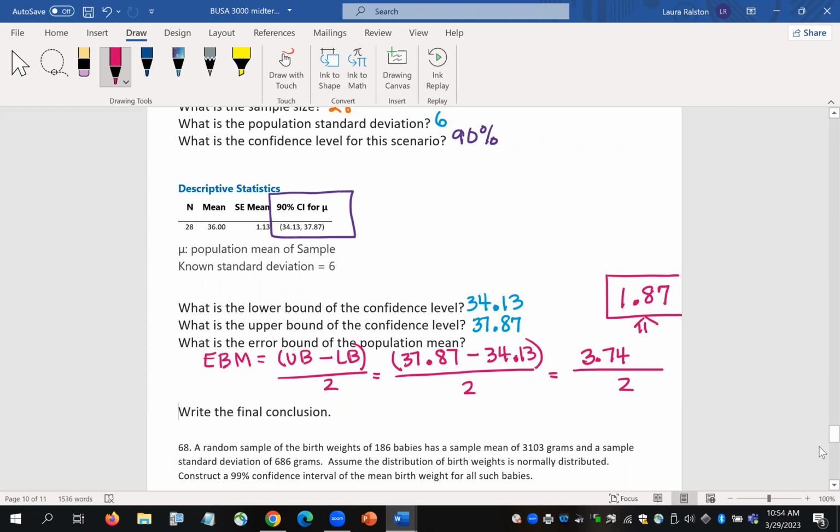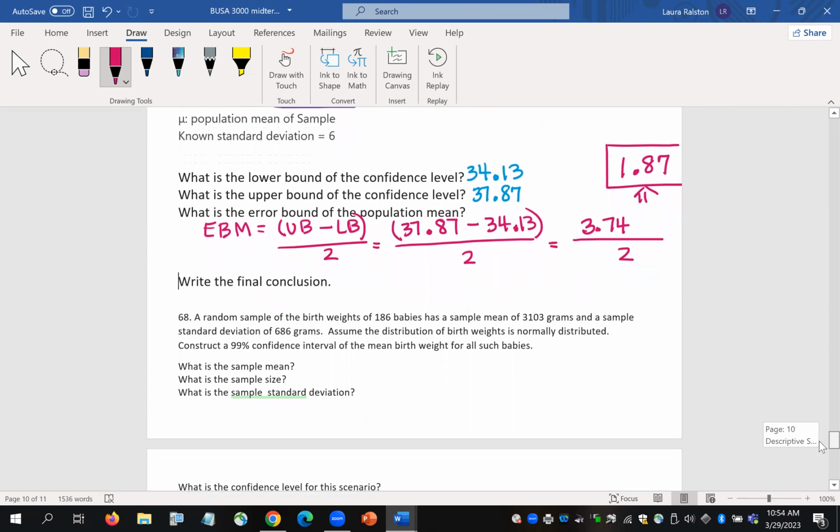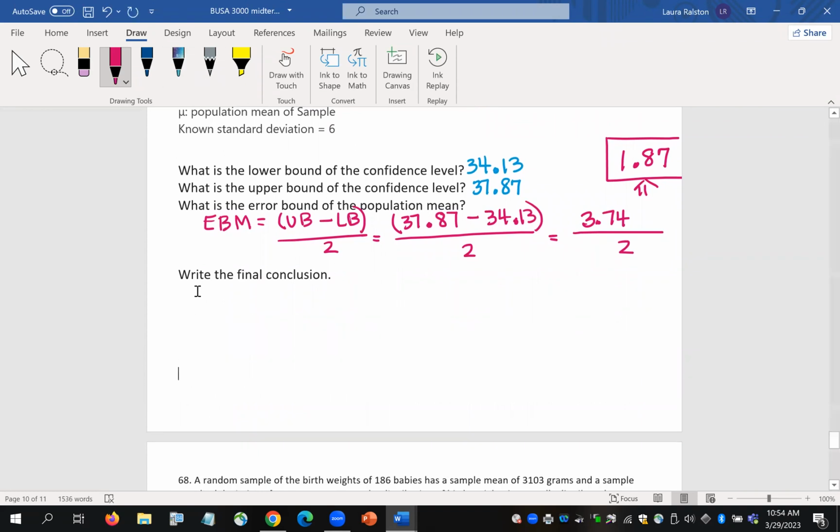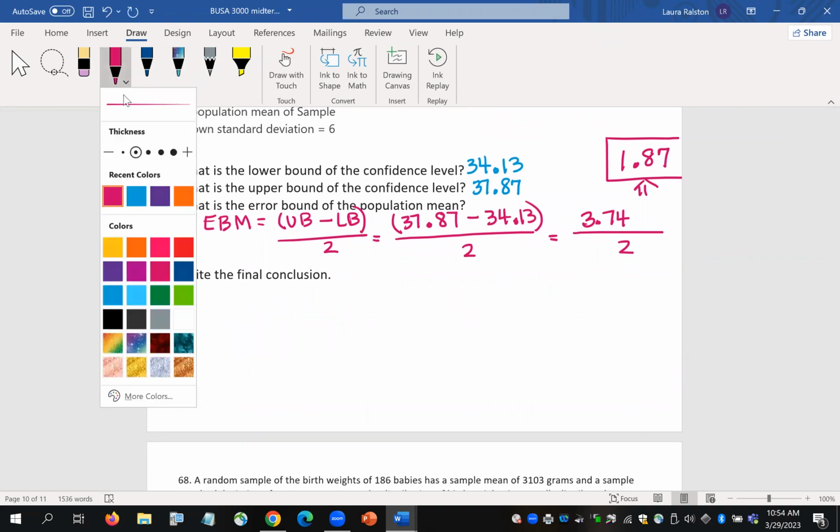And lastly, you write your final conclusion. Remember, the wording of this conclusion is important.